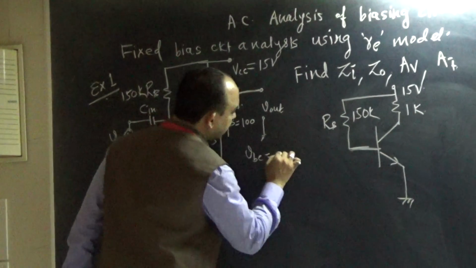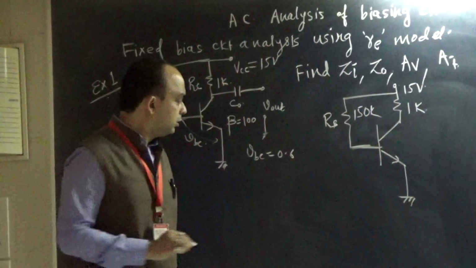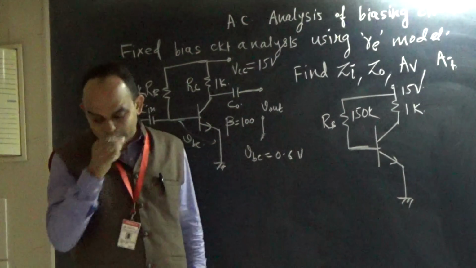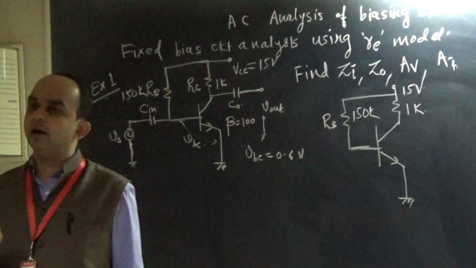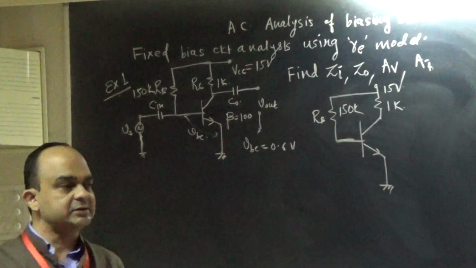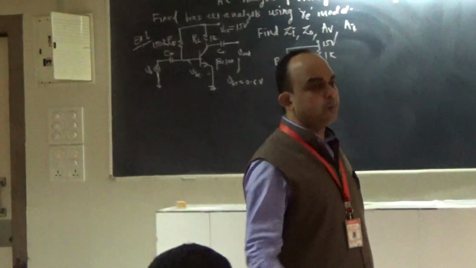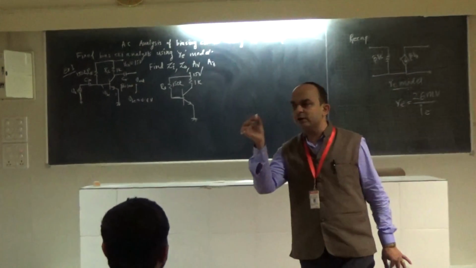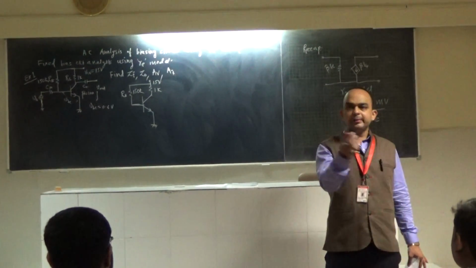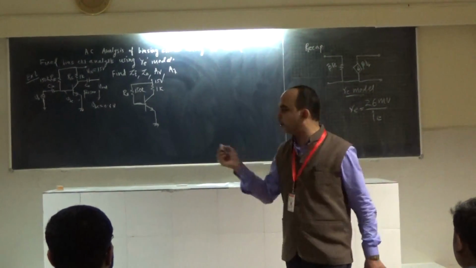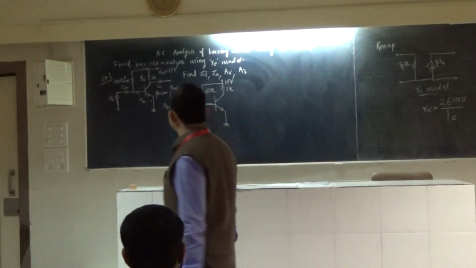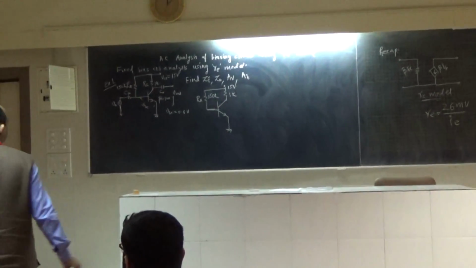VBE they have specifically given. So do not assume your own value, use whatever they have given. If it is not given, standard practice is to assume 0.7. But if they have specifically given 0.6 or 0.3, based on the make of the BJT, you have to assume that value. So they have given VBE as 0.6 volts.